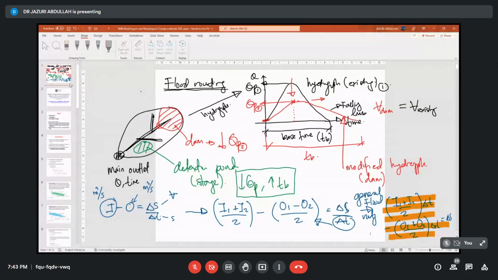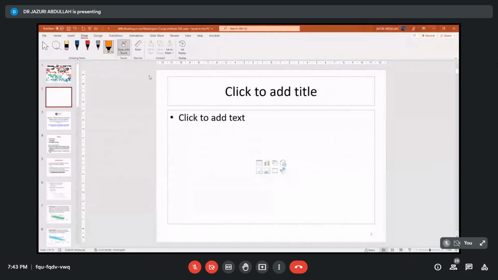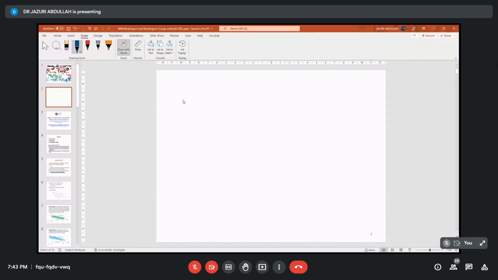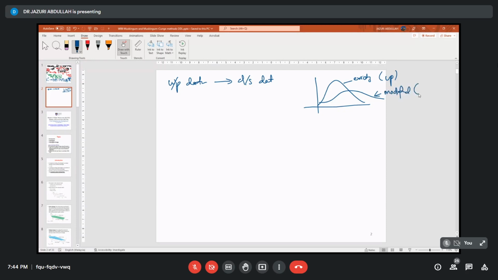Okay, so for instance, let's say you have the upstream data and you get the downstream data, and then you can come out with the graph where you have the existing, so this is the upstream, and you also have the hydrograph where you modify, so this is the downstream.